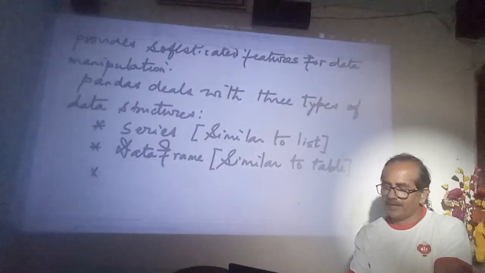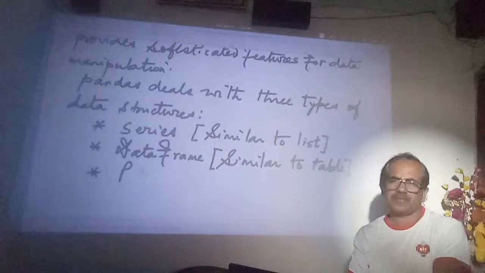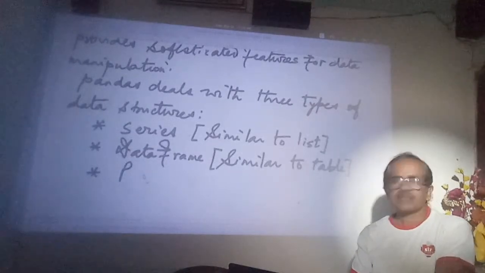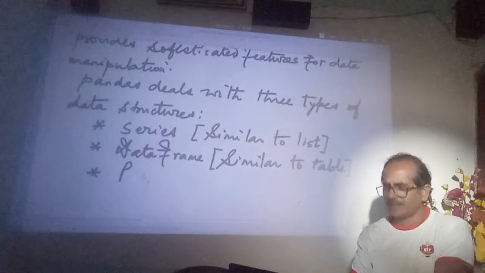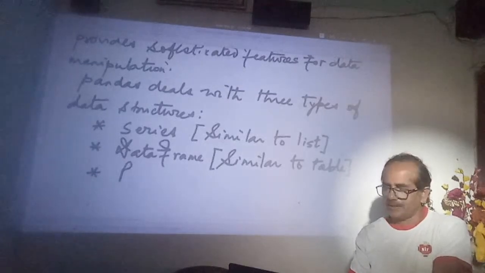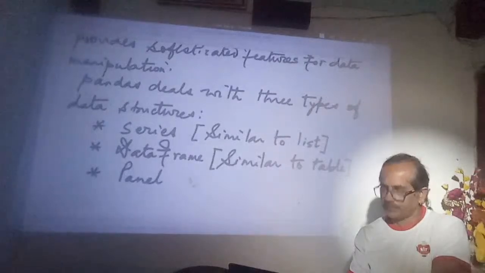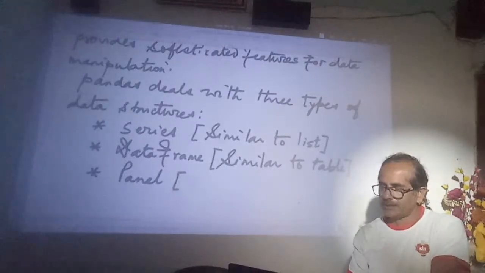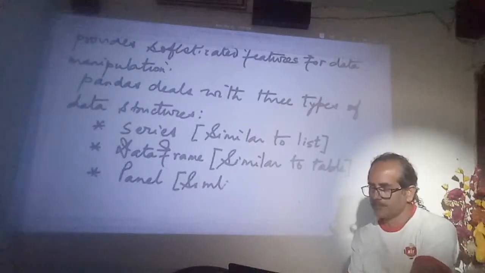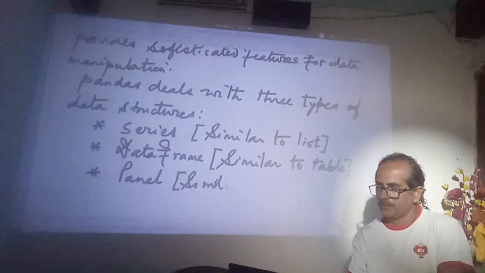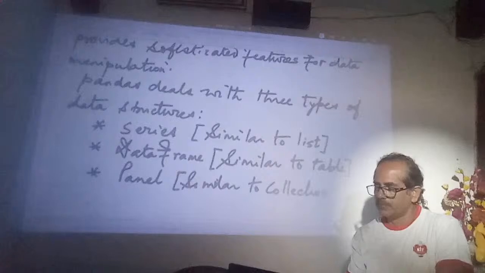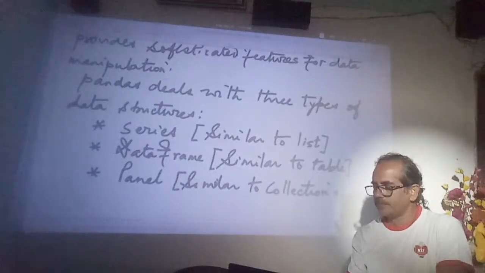And another one is panel, about which there is not much in the syllabus to talk about, but still pandas supports this. You can consider a panel as similar to a collection of tables.